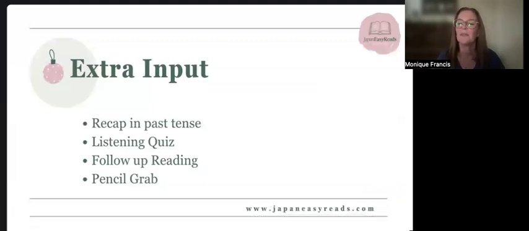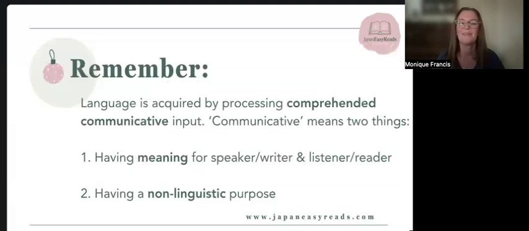Right. I think we've covered all that. And just a couple of things to remember: that language is acquired by processing comprehended communicative input. And by communicative, we mean two things. One, that the language needs to have meaning for the speaker and the writer, and listener or reader.